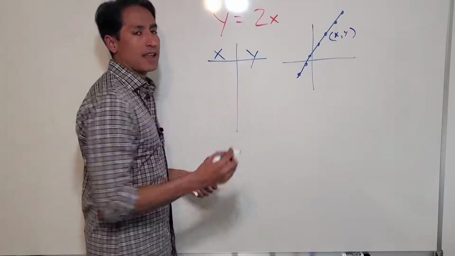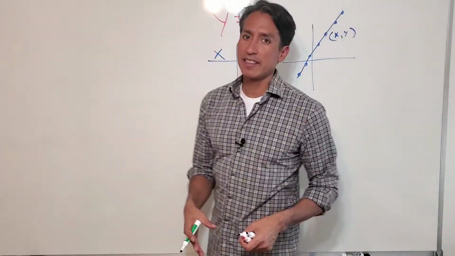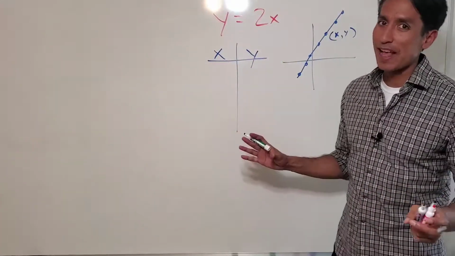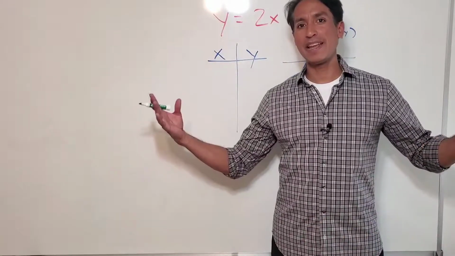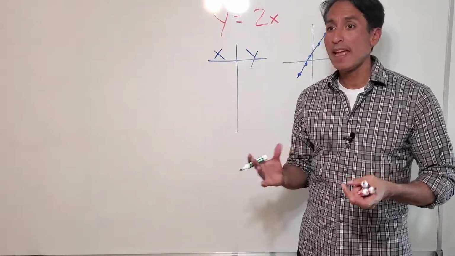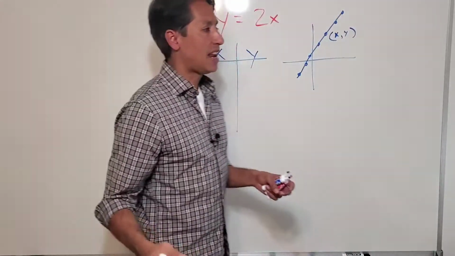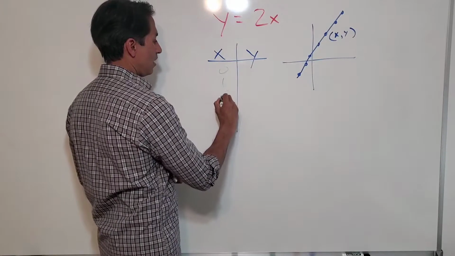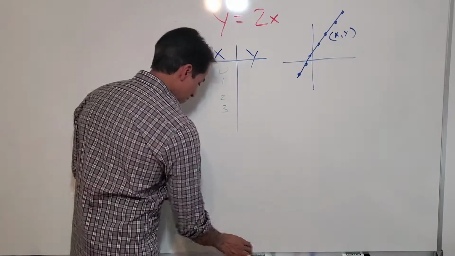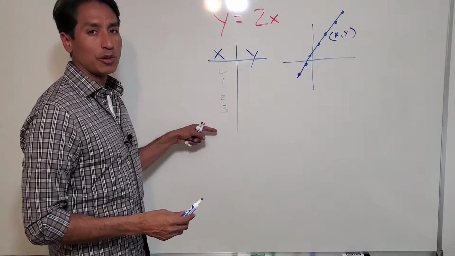I'm going to do, and again, I was never really good at this stuff. I always try to pick easy values, numbers that are small. I don't pick decimals. I don't pick super big numbers. I pick things that I can work with, that I can do in my head and not make mistakes. So I'm going to pick 0, 1, 2. Oh, this pen's dying. We'll switch. 0, 1, 2, 3, right?